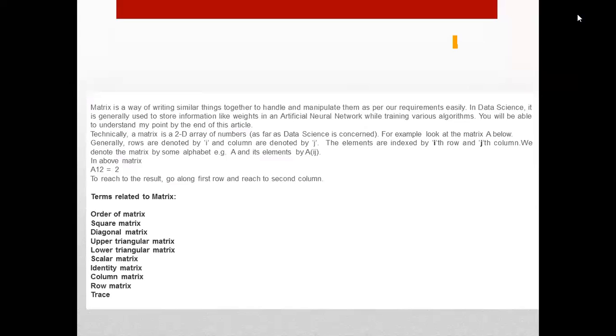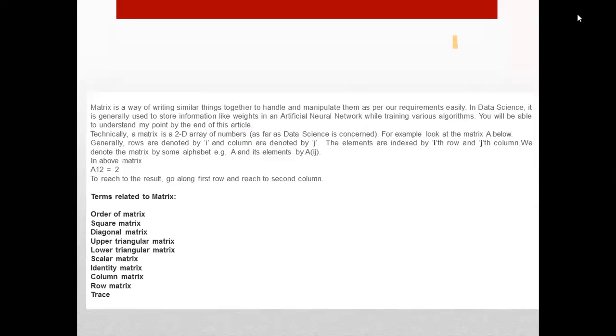A matrix with all the non-diagonal elements equal to 0 is called a diagonal matrix. Okay, so I repeat, a diagonal matrix is a matrix with all non-diagonal elements equal to 0.